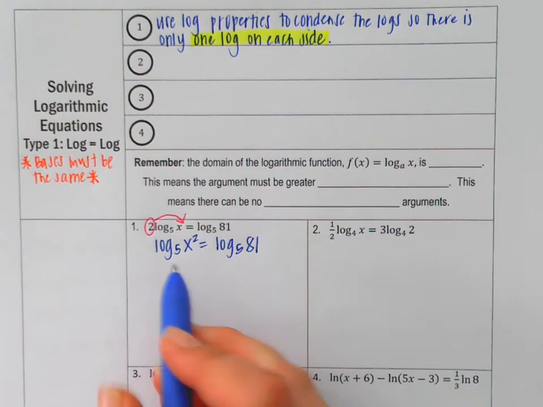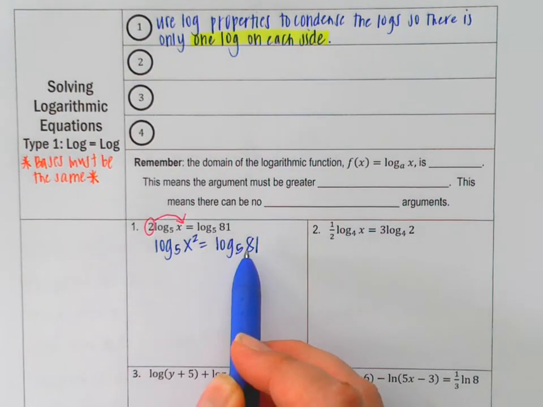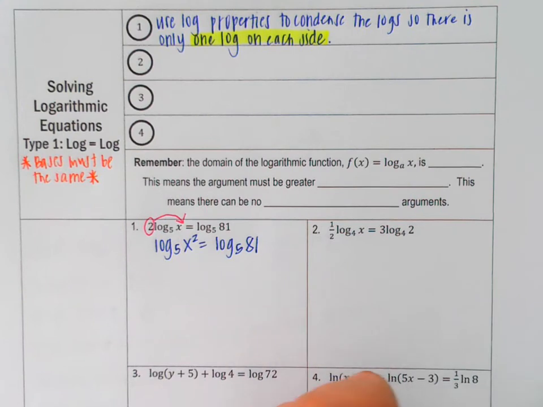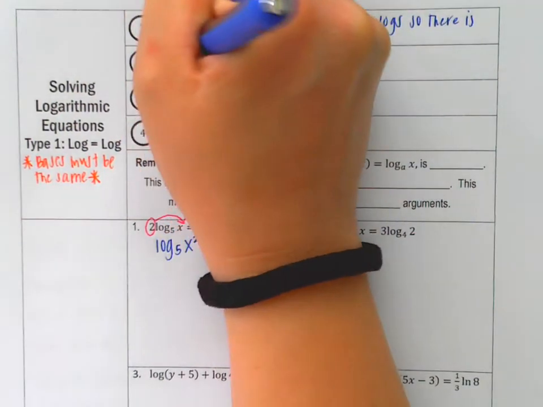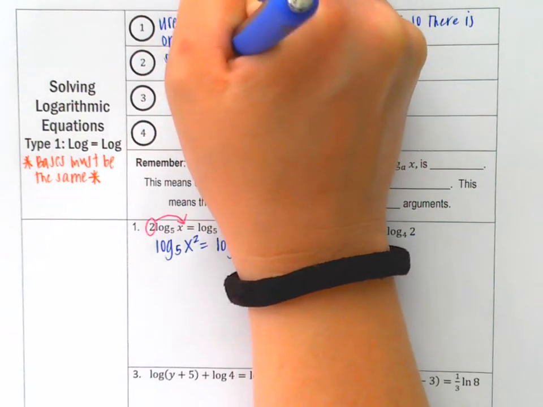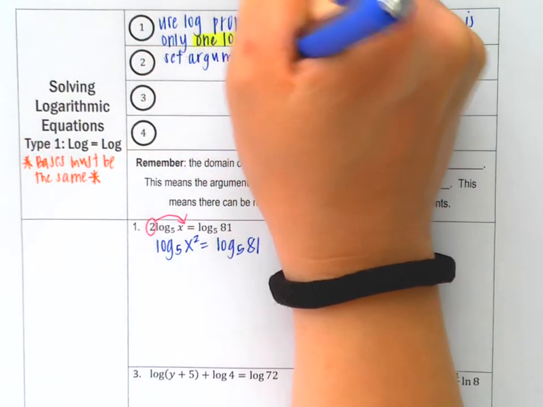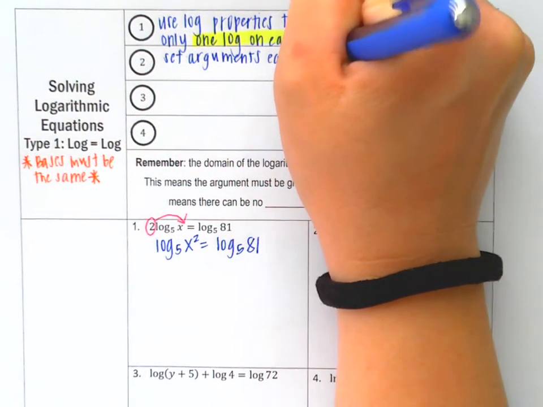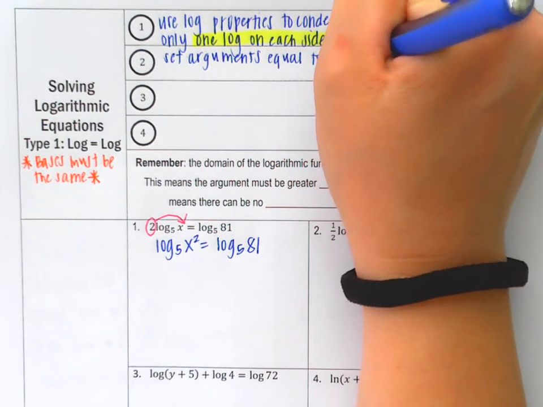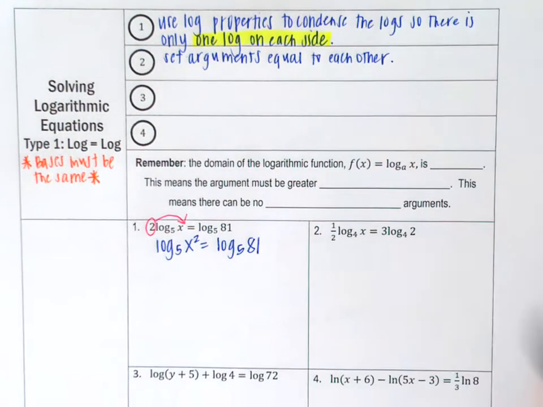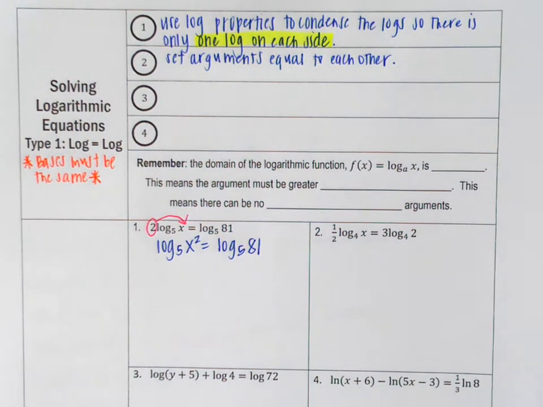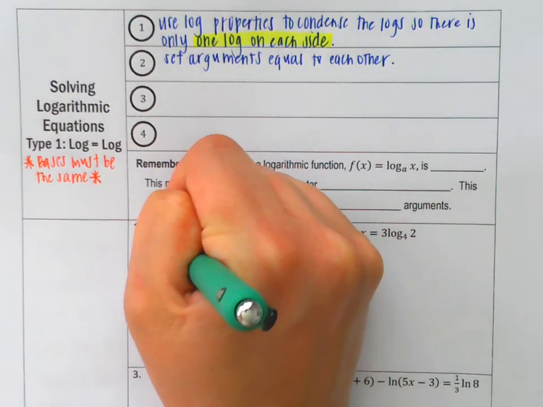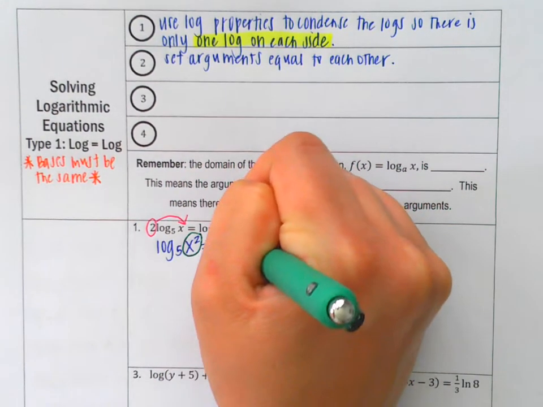Now, once we have one log on each side of the equation, our second step is to set the arguments equal to each other. Remember, the arguments are the part within the log. So we're going to set x squared equal to 81.